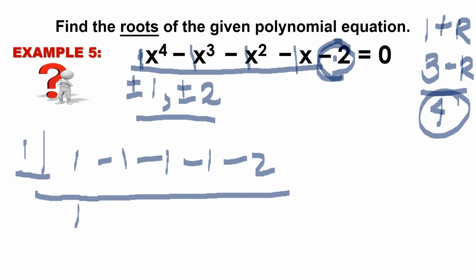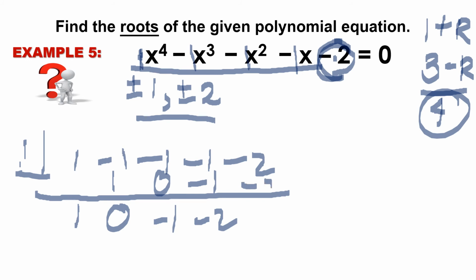Bring down 1. 1 times 1 is 1, negative 1 plus 1 is 0. 0 times 1 is 0, negative 1 plus 0 is negative 1. Negative 1 times 1 is negative 1. Negative 2 times 1, negative 2. This will be negative 4.